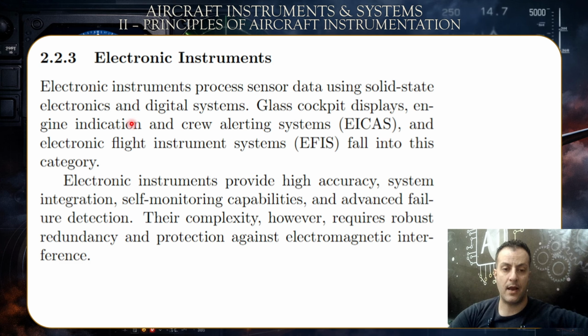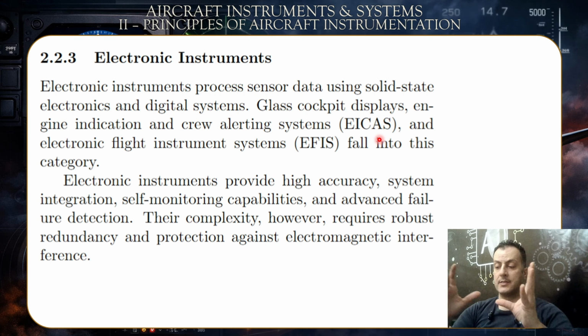EICAS is a unified display for engine pressure and temperature, engine rotation, oil pressure and temperature, and EGT, which is the exhaust gas temperature, especially in heavy airplanes such as the Boeing. And you have the electronic flight instrument system, EFIS, which falls into this category.